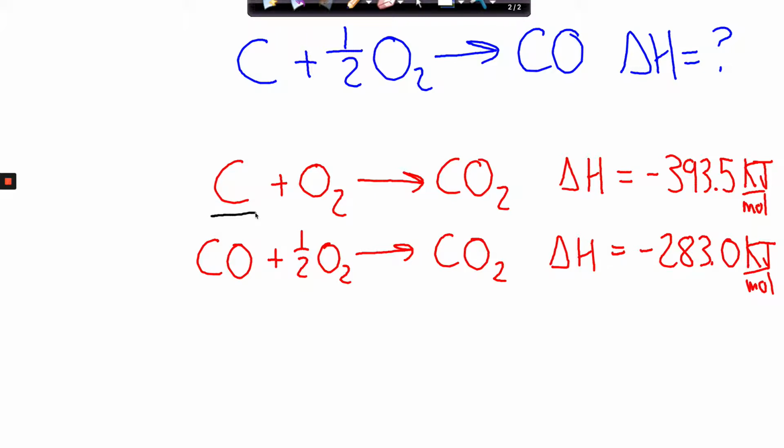Side and size. So guys, first of all, we've got carbon here. Where's carbon in the subject reaction? On the left or the right? It's on the left. So it's on the left here, it's on the left there, so it's on the right side. Now, does it match by size? Well, we've got one there and we've got one there, so we're good to go.